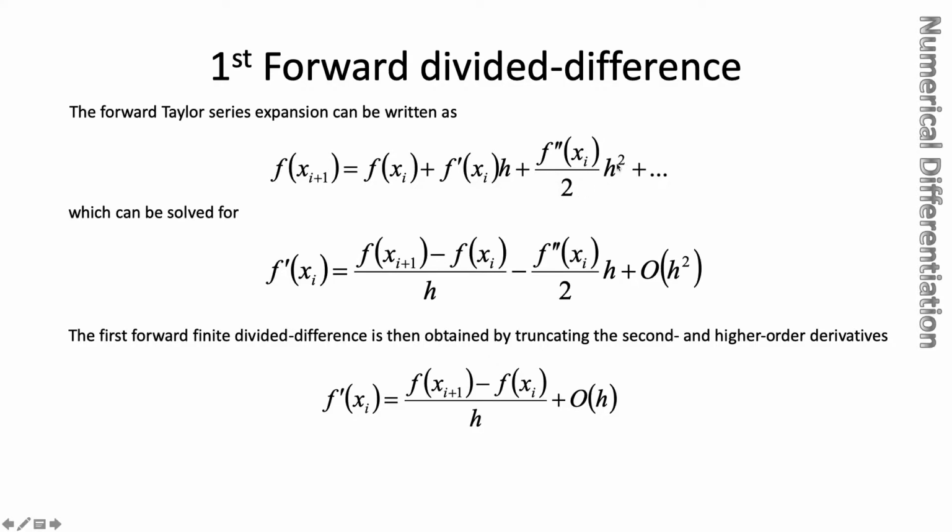2 times h squared, and so on and so forth, where h is the difference between x sub i plus 1 and x sub i. It's also called the interval size. If we move the term on the left-hand side to the right, and we move the second term on the right-hand side to the left, and multiply everything by -1, we obtain the following expression for f prime of x sub i.